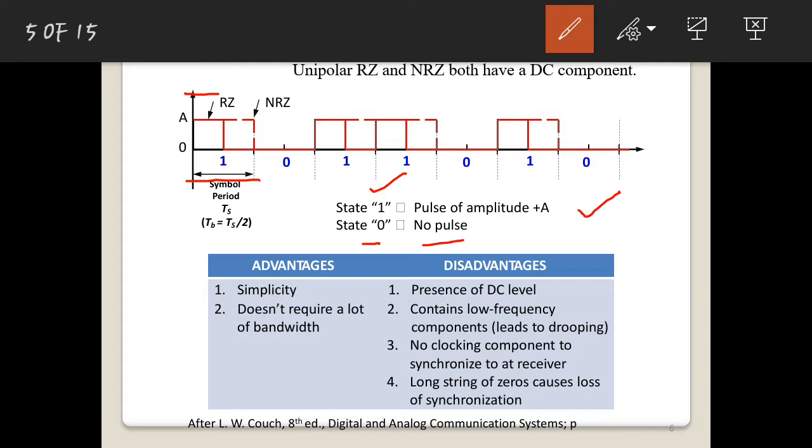What are the advantages and disadvantages? A DC component will be present, because bit 0 represents a low pulse. There is no synchronization. The only advantages are that it does not require much bandwidth and it is simple.